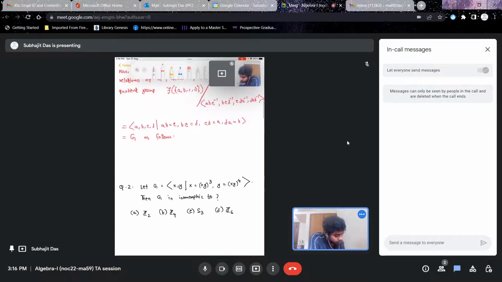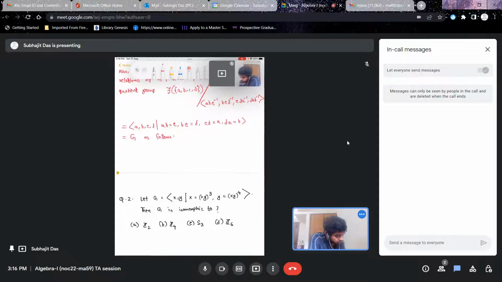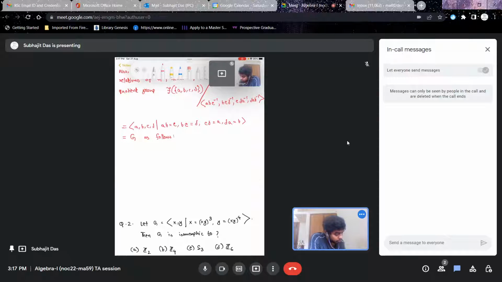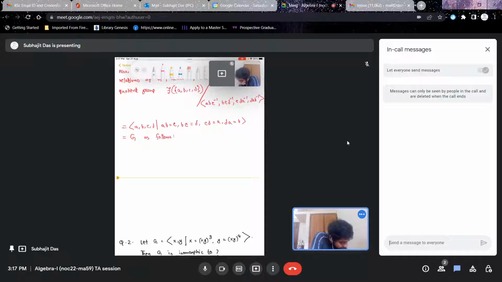So we get a commutative diagram, right? So you have A, B, C, D, which is your given free group.